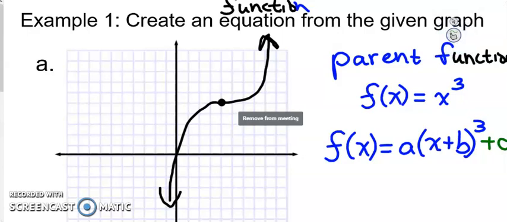If we look at it, it doesn't really look like it's been vertically stretched or shrunk or anything of that sort, horizontally or anything. It looks pretty much about the same. So with that, we're not going to deal with the a.